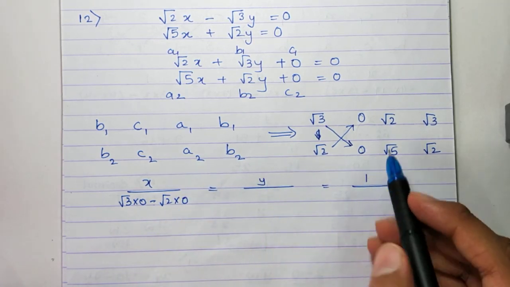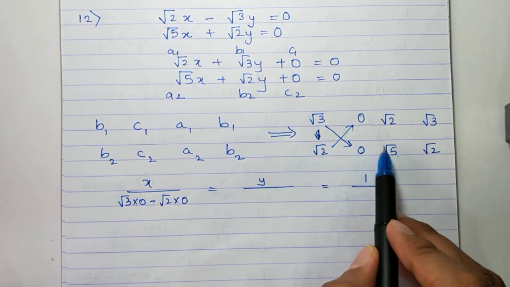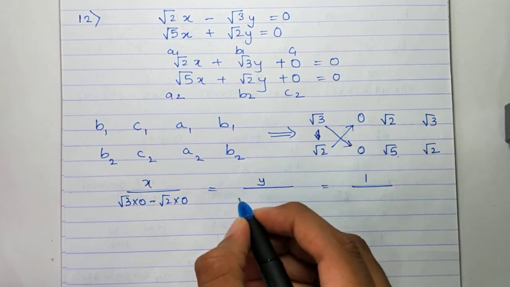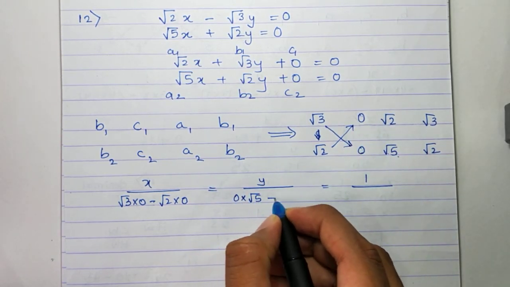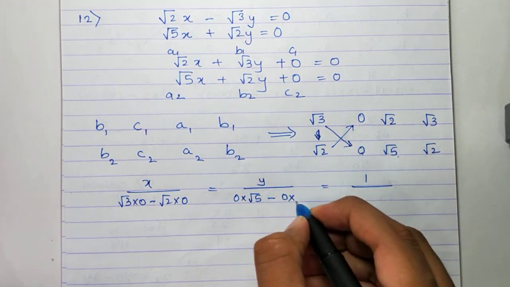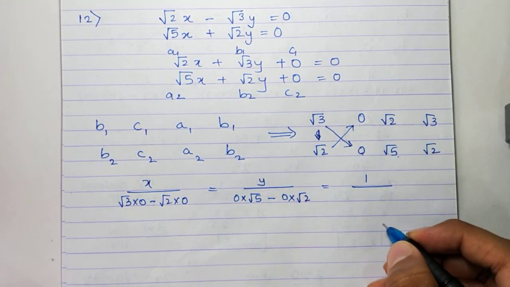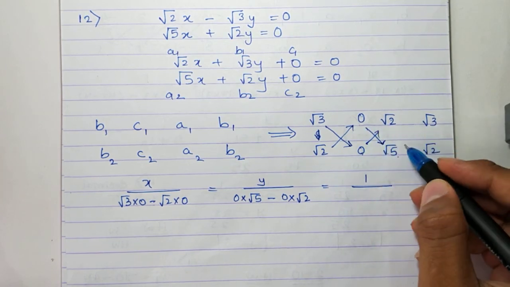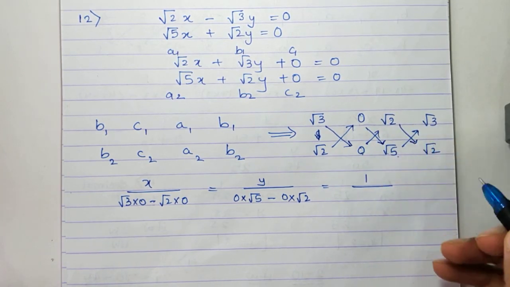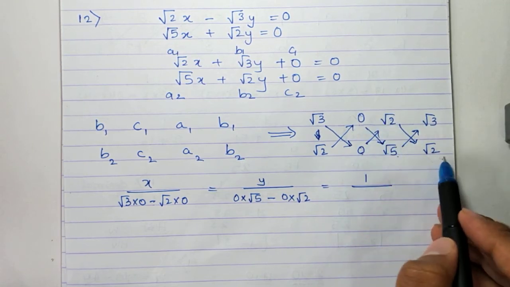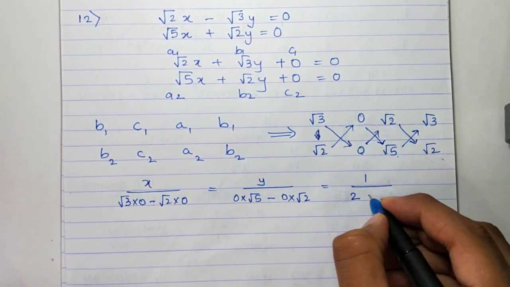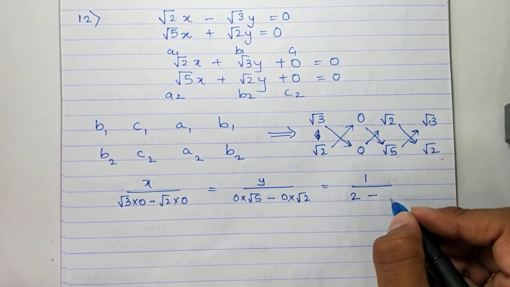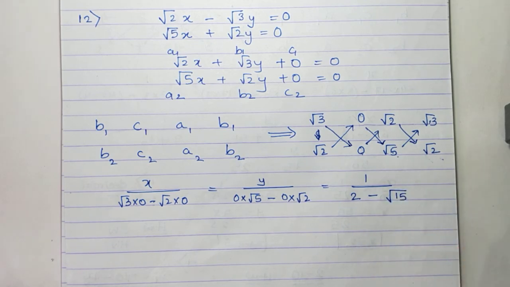Y upon, the next two columns, so 0 into root 5 minus 0 into root 2. And the last one is these two, first two from top to bottom, so root 2 into root 2 is 2 minus root 5 into root 3 is root 15.